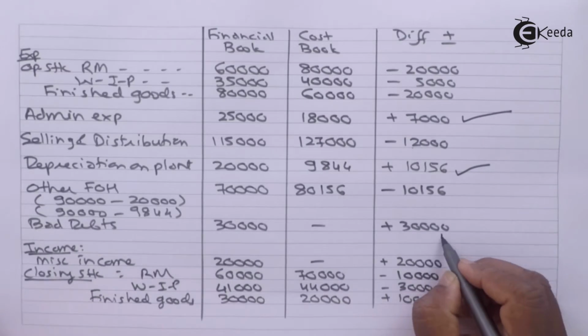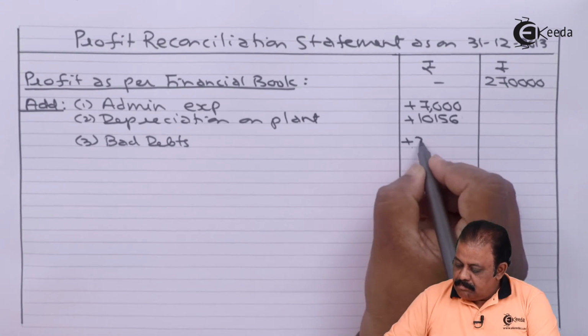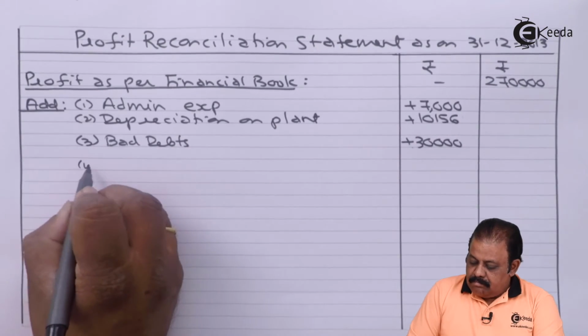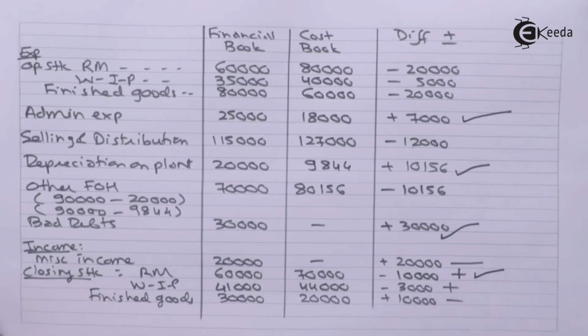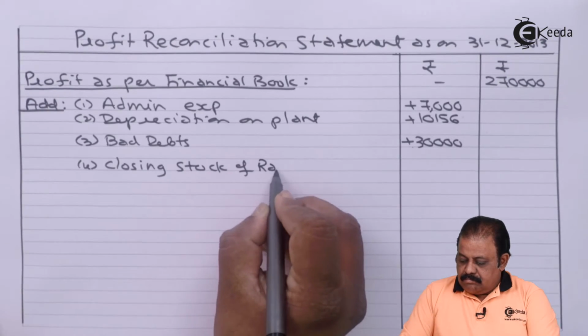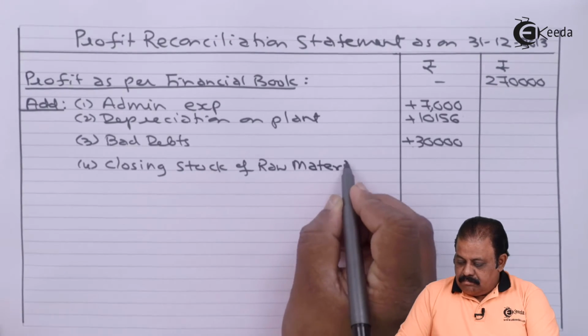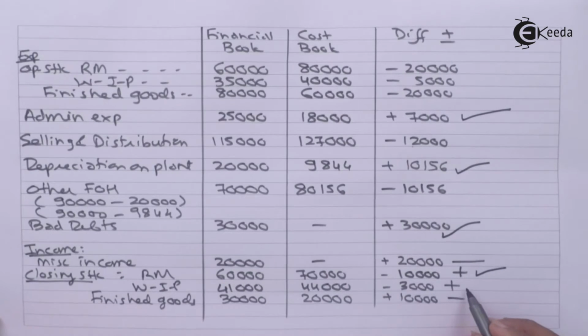Bad debts plus 30,000. Closing stock of raw material plus 10,000. Closing stock of work in progress plus 3,000.